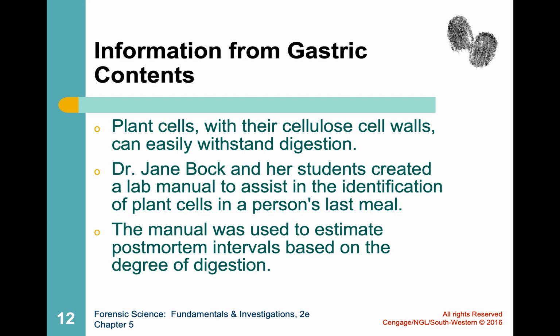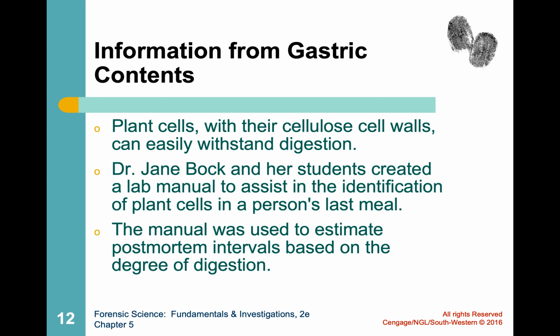It's very similar as far as where the contents are located, but also the amount of digestion. What they did was take a bunch of different vegetables and chew them up, then create slides at different stages of digestion, and you are able to match them up.